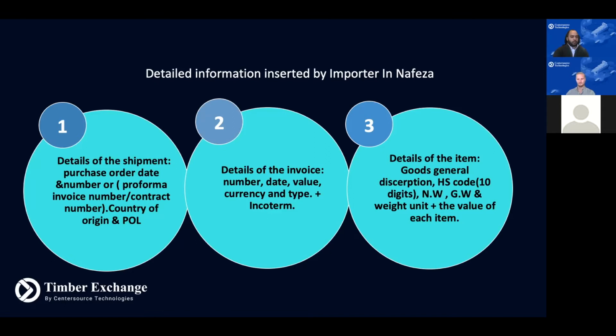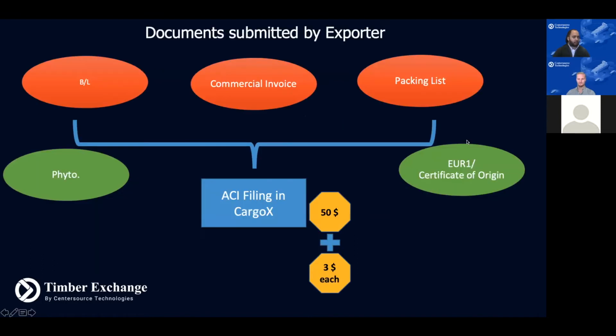You add as well the net weight, gross weight, weight unit, and the value of each item. Those are the detailed information that is needed for the importer to start his procedure for submitting, asking for the application for the ACID shipment.